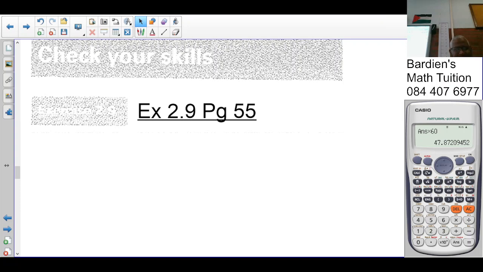Any problems with number 1? In the first column. Any problems with number 1 in the first column? G. Just hang on.